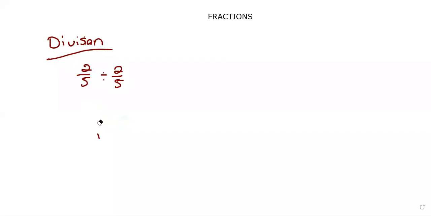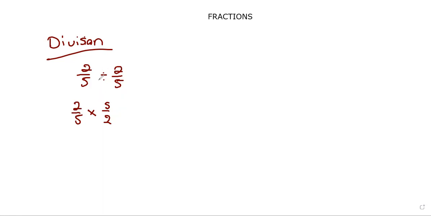The correct way to write this, I'll show you. You simply say 2 over 5. Because we're dealing with division, divided by 2 over 5, the sign will change to be multiplied. Then the values will swap. It will be now 5 over 2. It is the law.